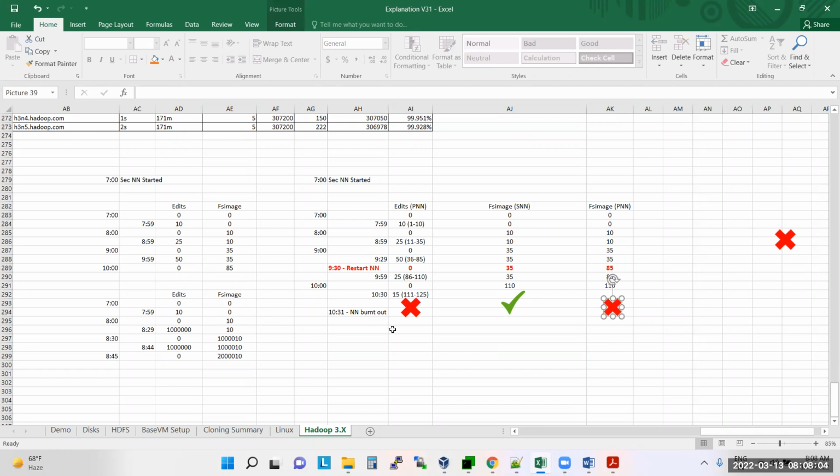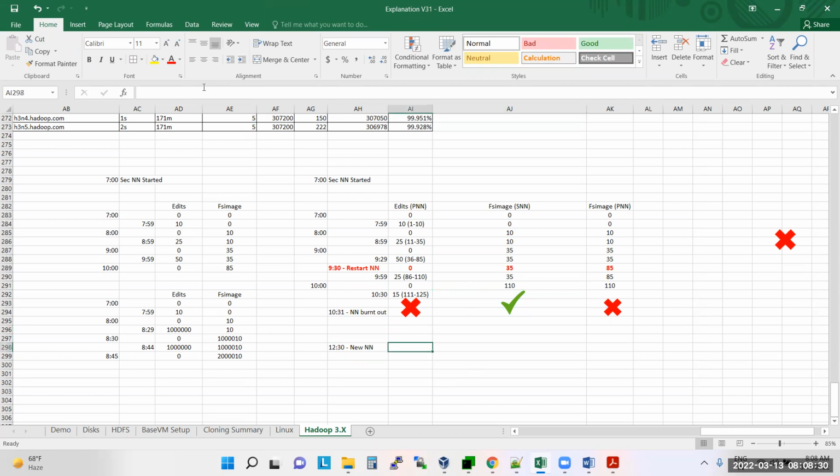Now, let's say at 12:30 they arranged a new name node machine. When they arrange the new name node machine, I need to copy this FS image from the secondary name node to the primary name node.